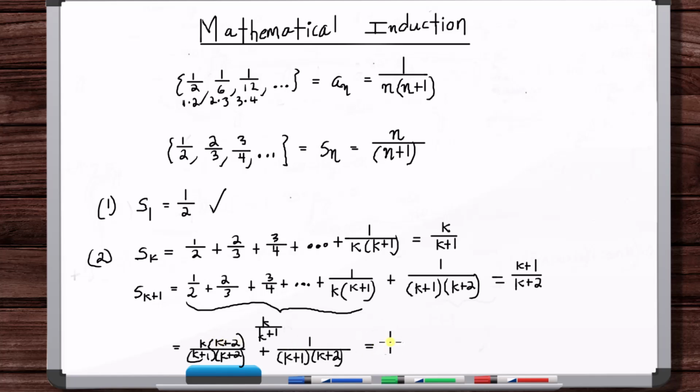Let's distribute this. We've got k squared plus 2k plus 1 over the denominator. Let's factor this: it's k plus 1 squared.